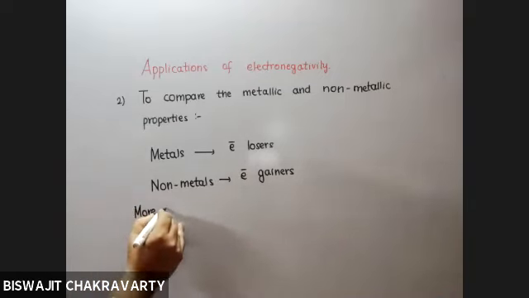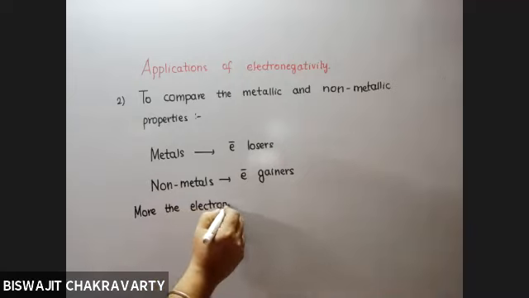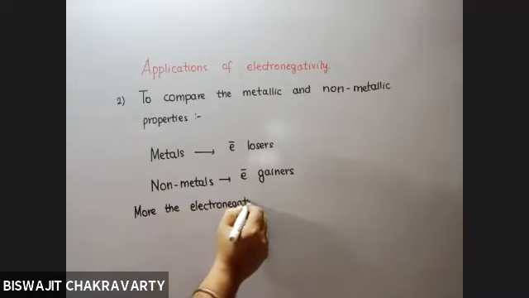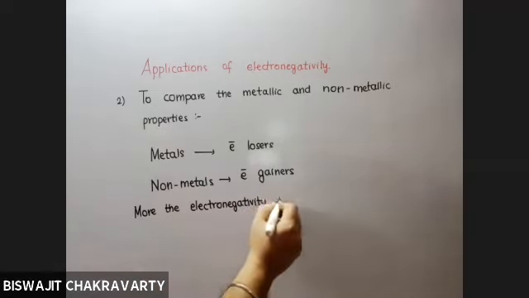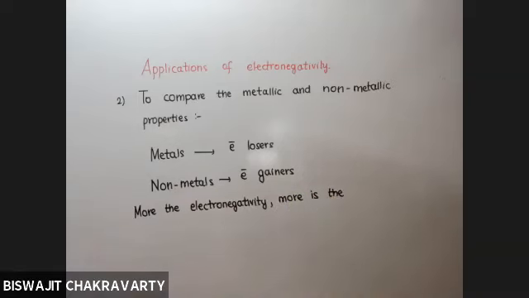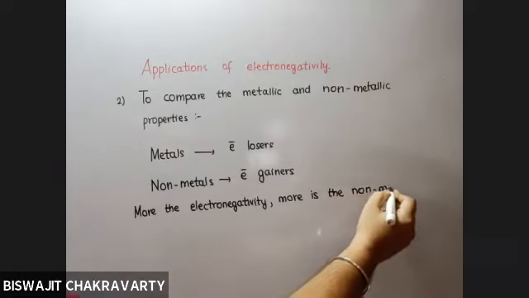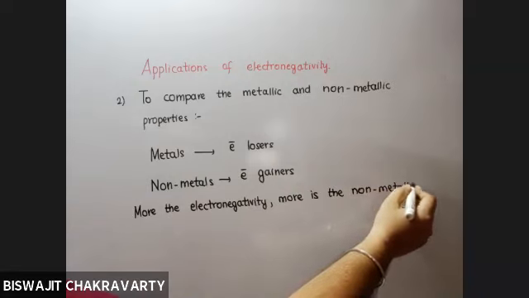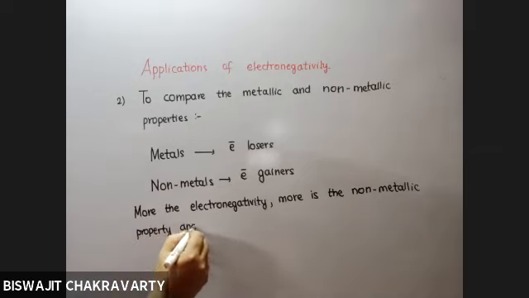More the electronegativity, more is the metallic property or non-metallic property? Non-metallic. And vice versa. Clear?